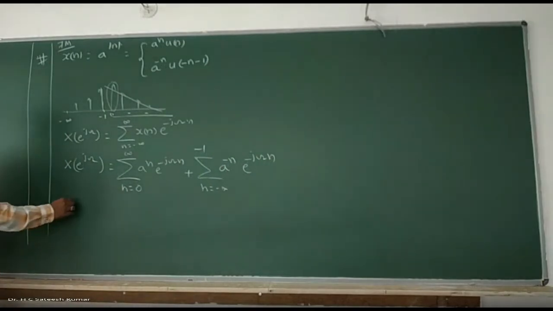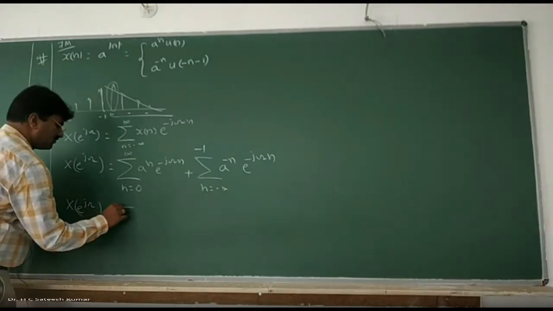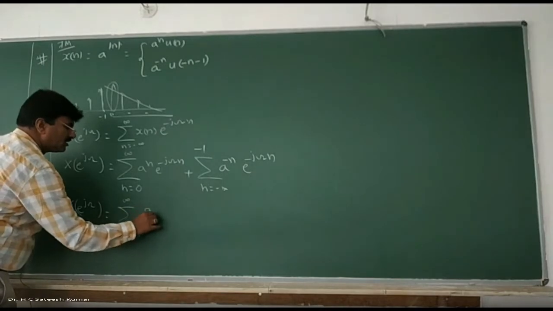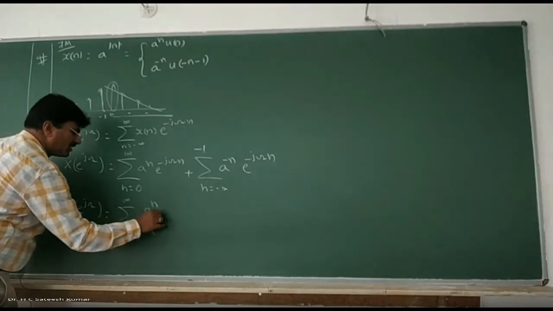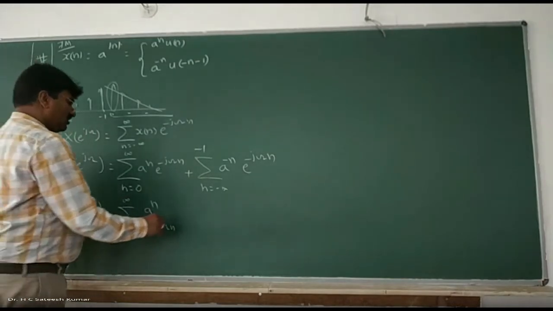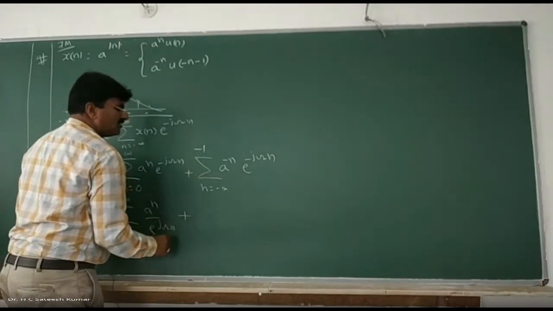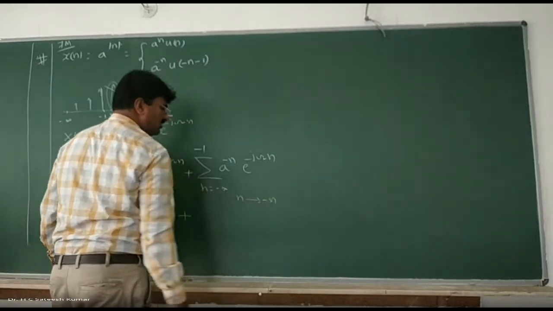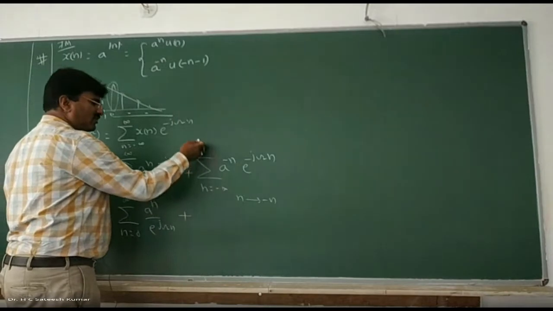This can be written as summation n from 0 to infinity of a to the power n divided by e to the power of j omega n, plus, for this second summation, replace n by minus n, because we don't have a formula for minus infinity to minus 1.